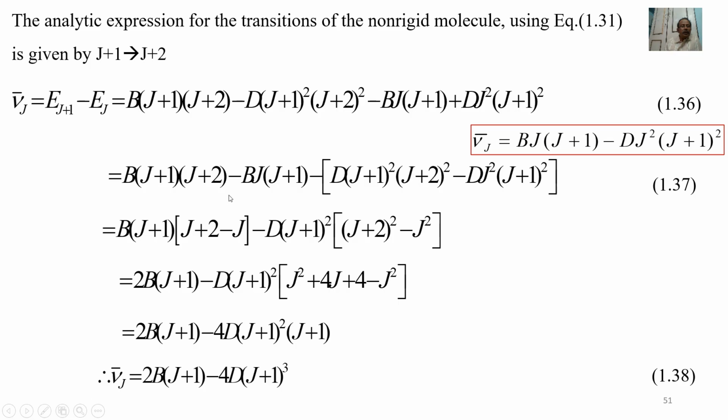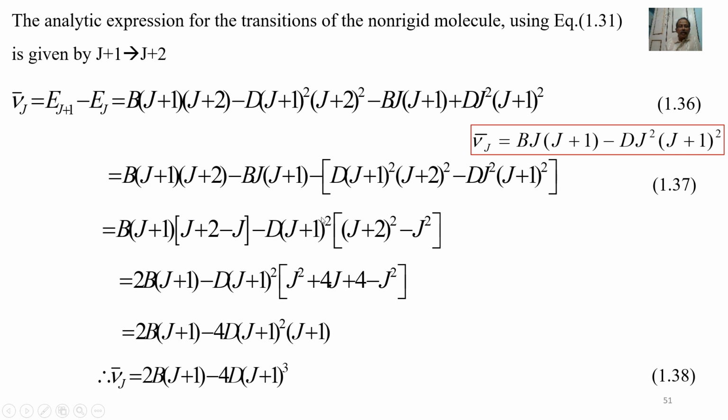Now I have pulled J plus 1 common out. Out of this B term, I have pulled B J plus 1 common out. The remaining term will be J plus 2, and here the remaining will be minus J. Minus J and plus J will get cancelled. We have 2, so this becomes 2B J plus 1.